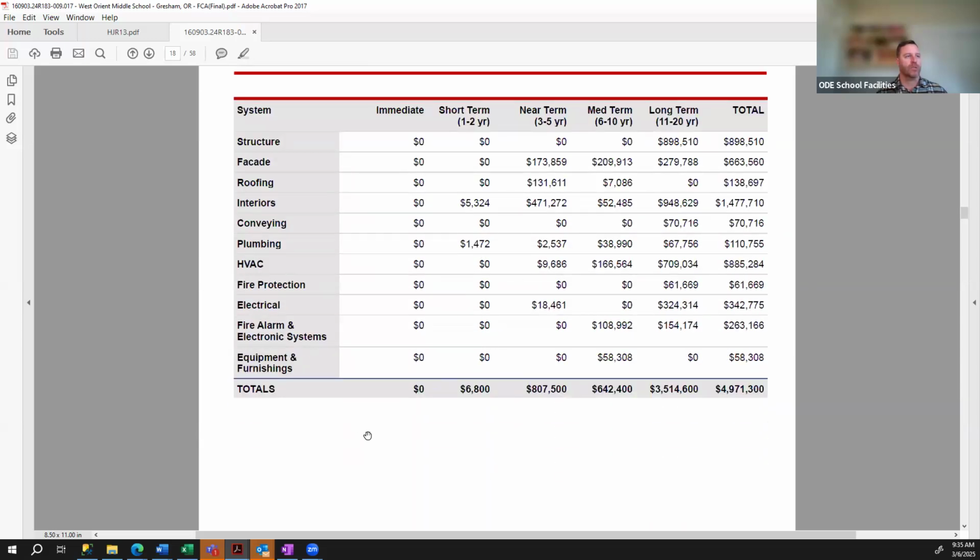In this instance, it doesn't have any immediate needs, but it does have some 1 to 2 year needs with interiors. One of the questions in the last training was, what does interiors include? We'll look at that in the tables in the appendix. It'll break it down into the same structure for the systems.